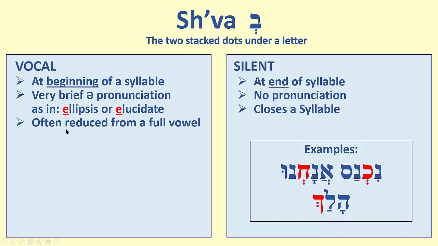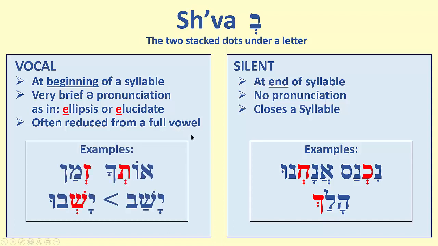The vocal schwa, for those of you who would be interested to know this, is usually a reduction from some full vowel. I'll show you an example. I'm going to start with the word on the bottom left. The word here is yashavu. The syllable division is right here between the yod and the shin.